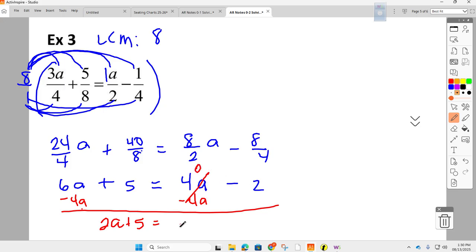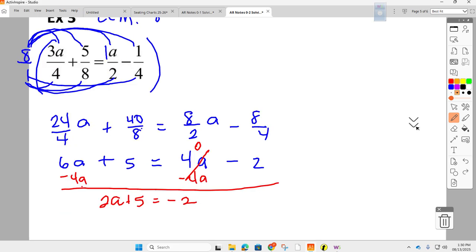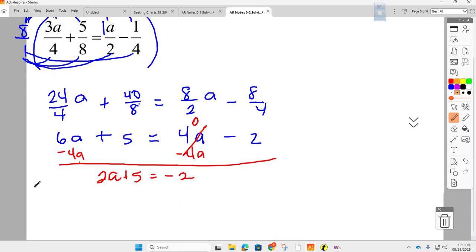When it is 0, so 0 minus 2 is negative 2. It's 2 times a plus 5. What do we get rid of first? The multiplication or the addition? Addition. Get rid of addition by subtracting, so that's what we're going to do. So that was simplified to 0. 2a equals negative 7.